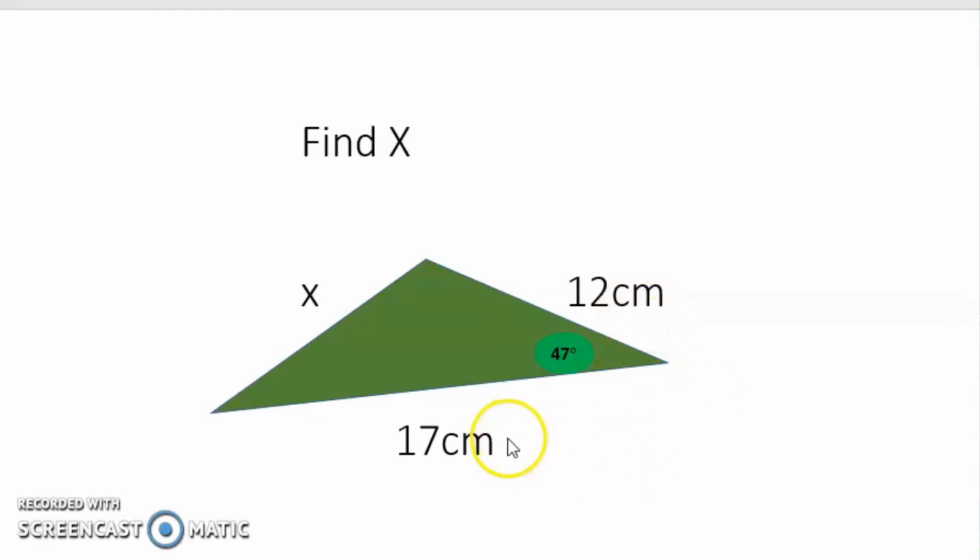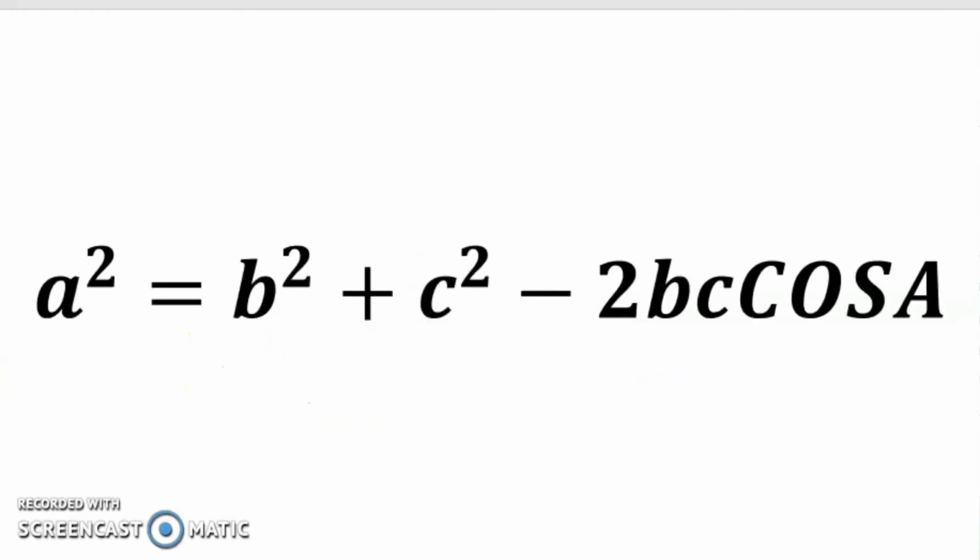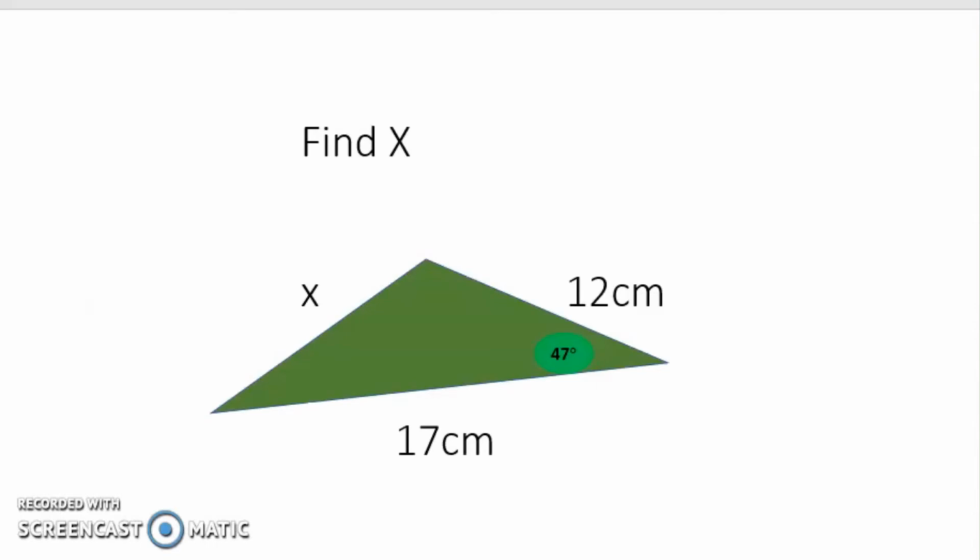So when you have side, angle, side, you use the cosine rule. And the cosine rule is a squared is equal to b squared plus c squared minus 2bc cos A. So you are going to use this formula in order to solve for the value of x.